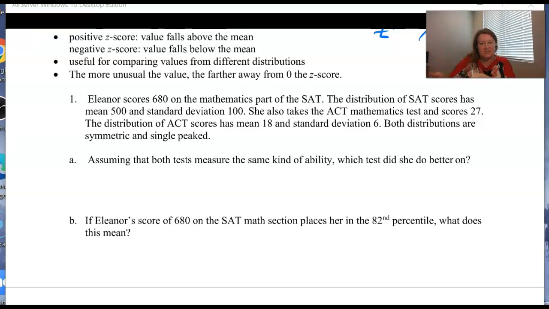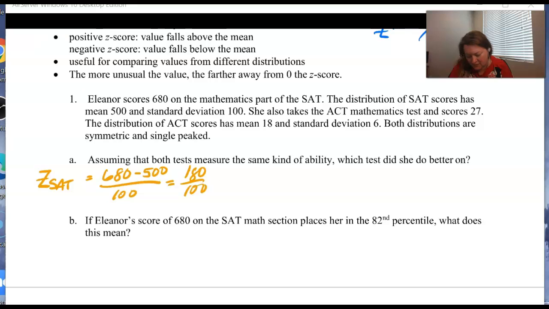Standard deviations are just standard blocks away from the mean. So in the first one, we're going to write it as Z for her SAT score, and her score was 680. The regular average was 500. Standard deviation was 100. So that is going to give us 180 over 100, which is 1.8. So that is 1.8 standard deviations above the mean.